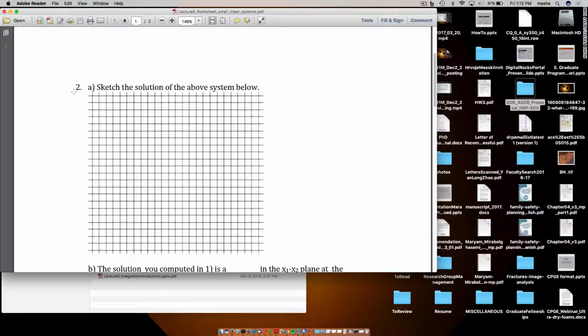Of course, I cannot draw a straight line through 2 points, but you get the idea. It's an intersection of 2 lines. So in this x1, x2 plane, the solution is a point, 2, 1, at the intersection of 2 lines, right?